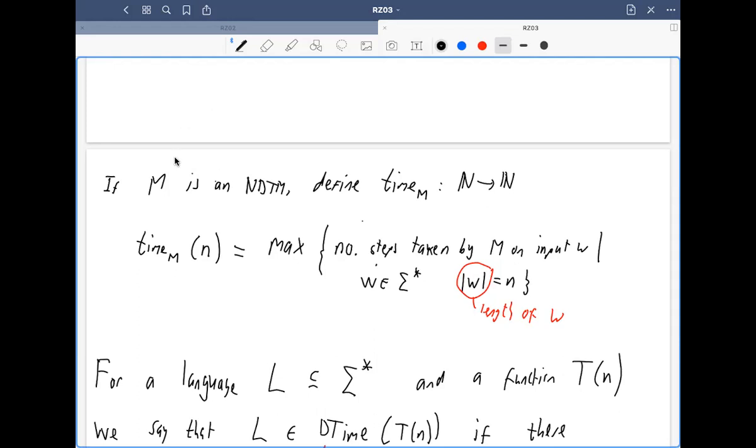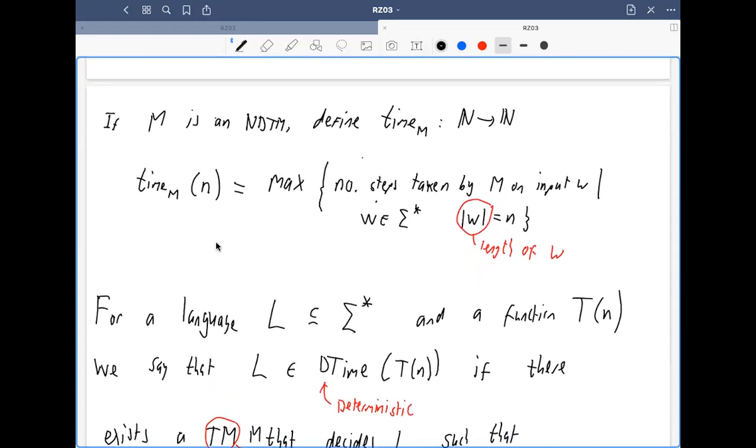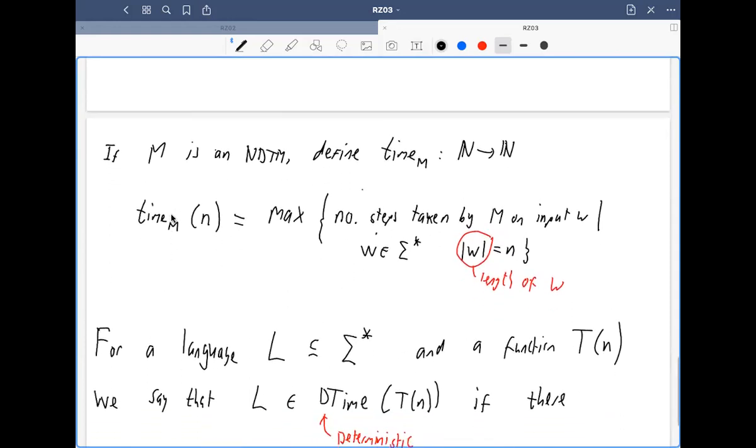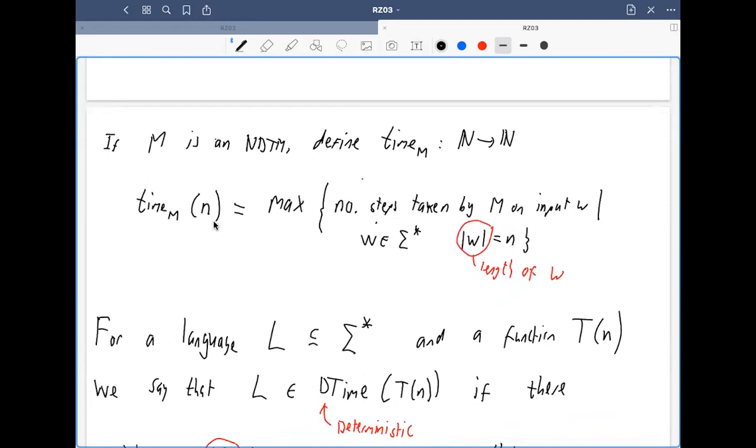So let's see how we can modify the definition. So the time of the non-deterministic machine M on inputs of n, we want to take the maximum over all runs.